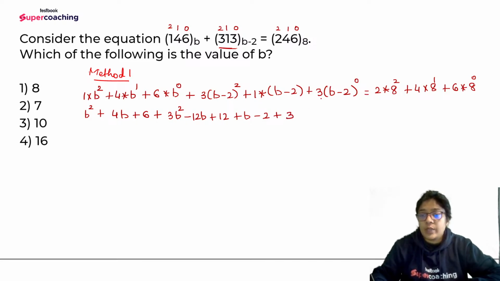Okay, so we have expanded this term, and then on the right side, 8 square is 64 and into 2 is 128, plus 32 plus 6.